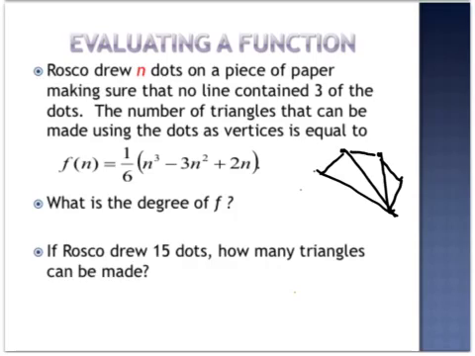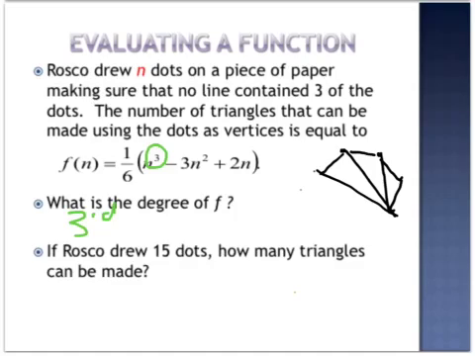So as we take these questions, what is the degree of f? So hopefully you already know that. This will be a 3rd degree polynomial. So this is a 3rd degree. And if Roscoe drew 15 dots, it says earlier that n is the number of dots. So we're just going to plug the number 15 in for n.